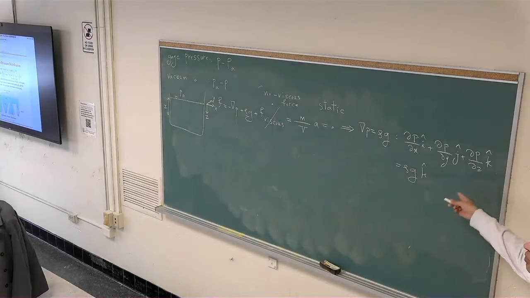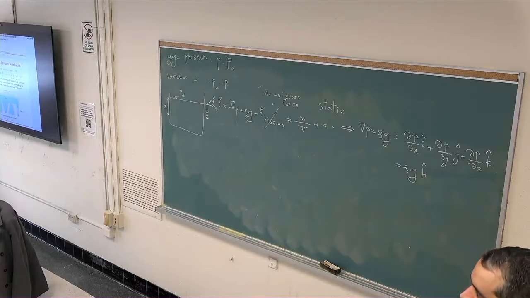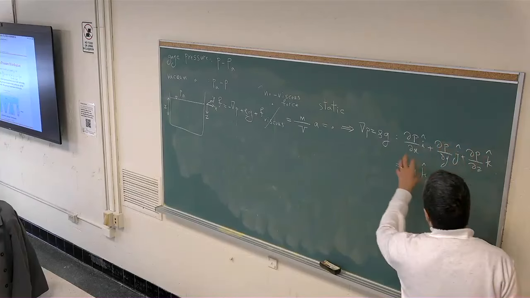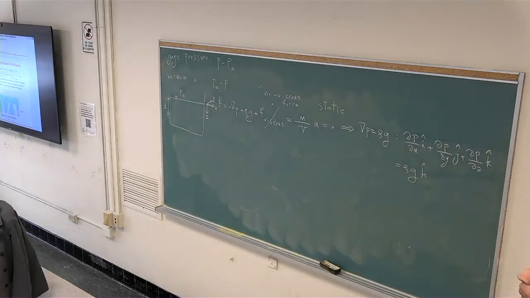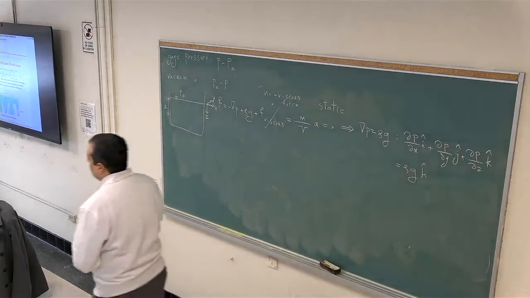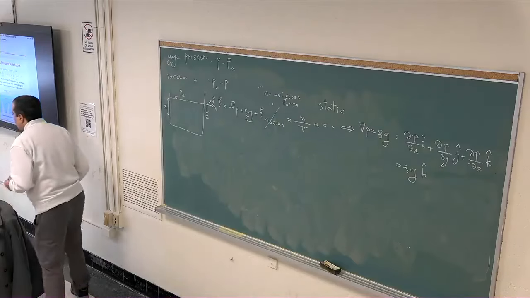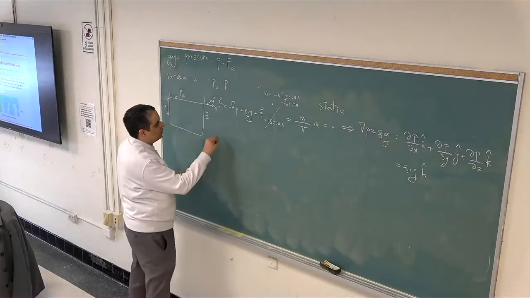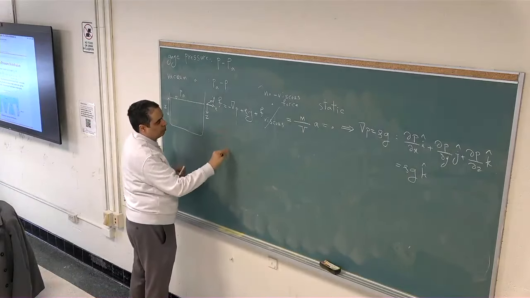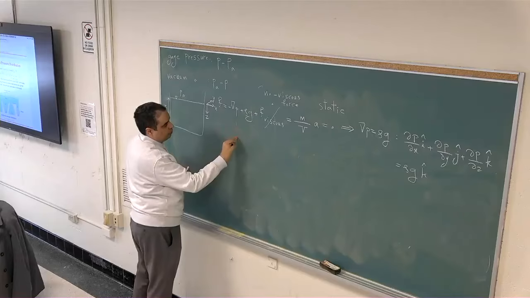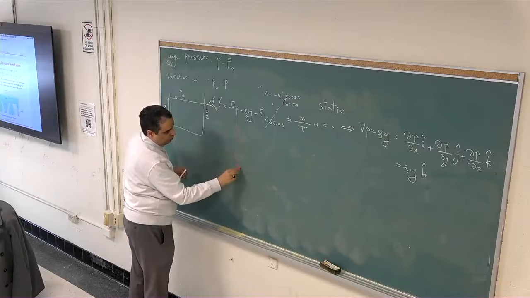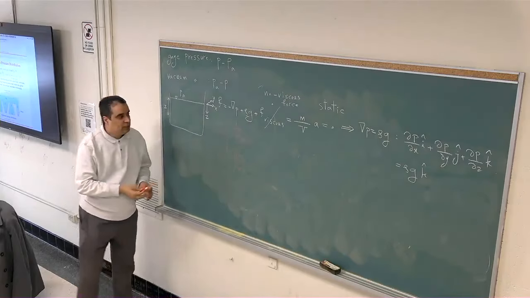What do you conclude from this equation? We have 3 components on the left side and 1 component on the right side. The two other components must be zero. Pressure doesn't change in the X and Y directions.